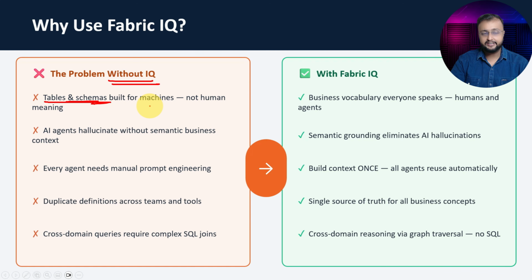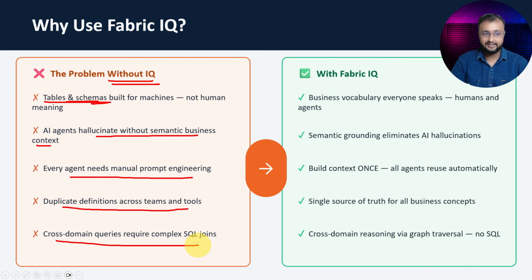An AI agent will hallucinate without semantic business context, and every agent needs manual prompt engineering and duplicate definitions across teams and tools. Also, cross-domain queries require complex SQL joins to get the desired set of results.